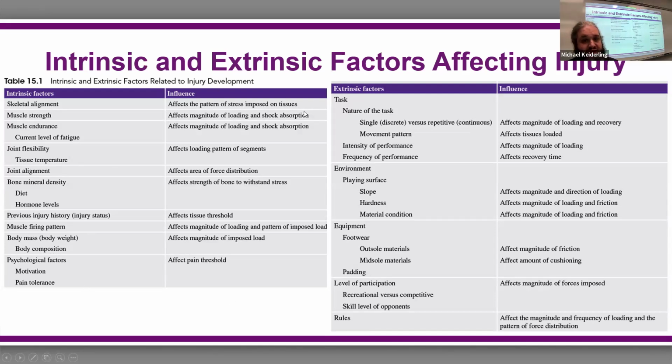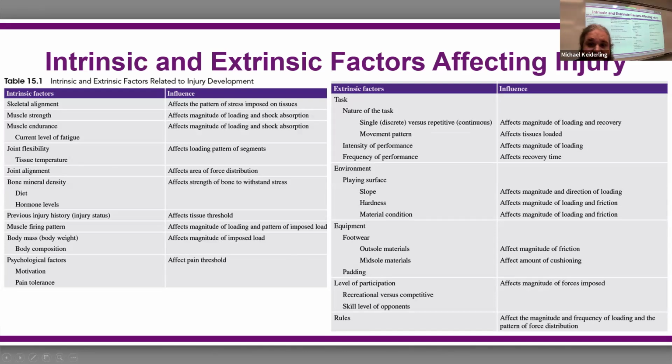And they affect things like the pattern of stress imposed on tissues, the magnitude of loading and shock absorption, the loading pattern of various segments, the area that force is distributed over, the strength of bone, tissue threshold, and pain threshold.